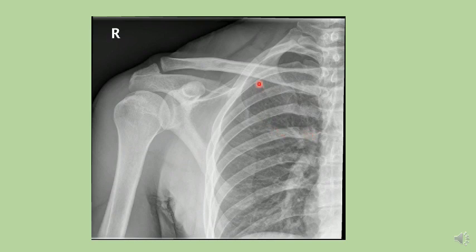This is third rib, and this is fourth rib. These are the spines of the vertebrae. We'll cover these things a little later when we look at the spine and thoracic region separately.